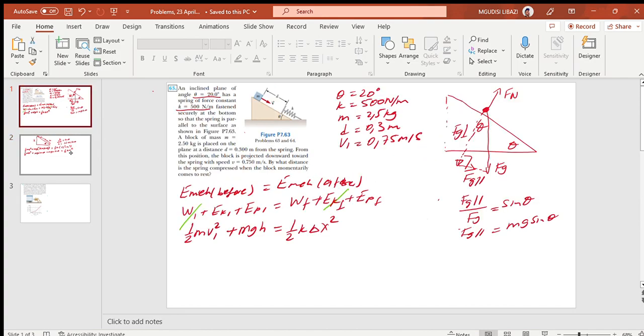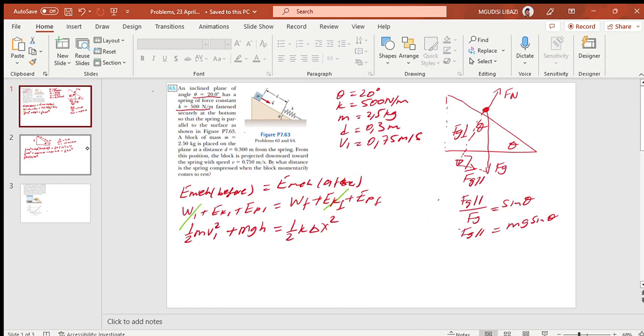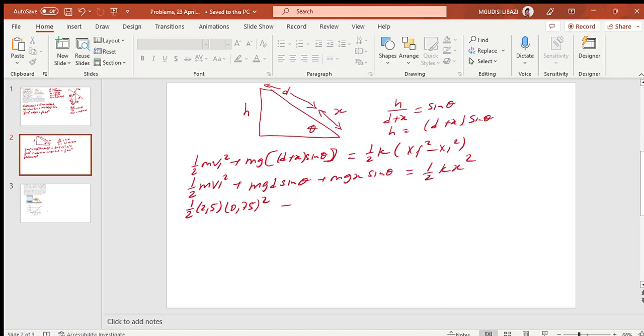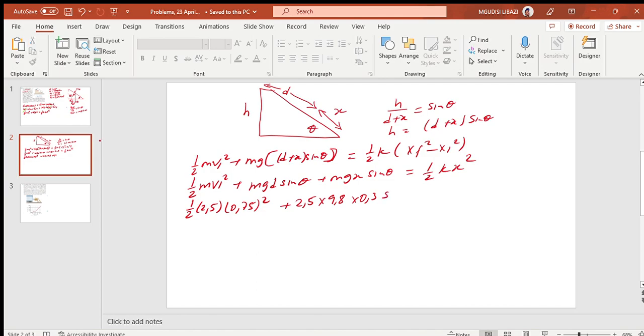Remember, the mass is 2.5, and we were given the initial velocity, so 1 over 2 into 2.5 into 0.75 squared, which was our initial velocity, plus mass 2.5 multiplied by 9.8 multiplied by d, and d was 0.3, multiplied by sine of 20 degrees, plus m, which is 2.5 multiplied by 9.8 multiplied by x, which we want, multiplied by sine of 20 degrees.